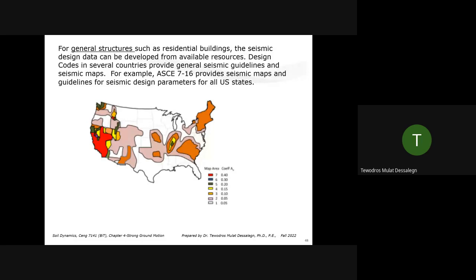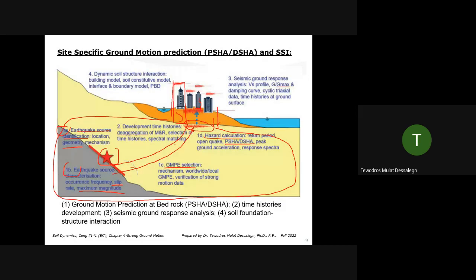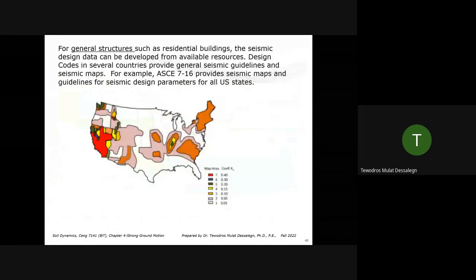On that prediction, we call it site-specific. Depending on what site you are at, we are doing a site-specific study. But this study is also guided by code books. If you are doing a general structure design for residential buildings, you have some values. For example, the US code ASCE 7-16, American Society of Civil Engineers, is a code book, a reference guide that we use.